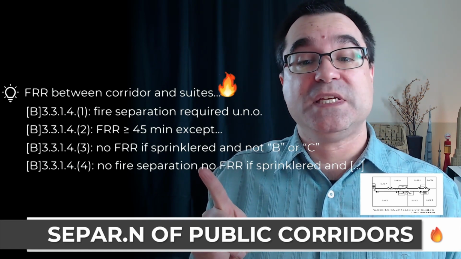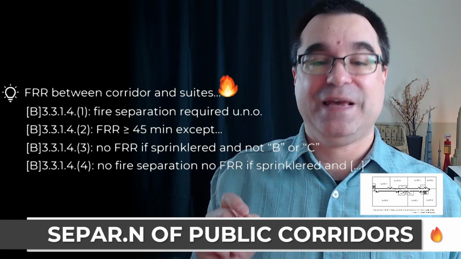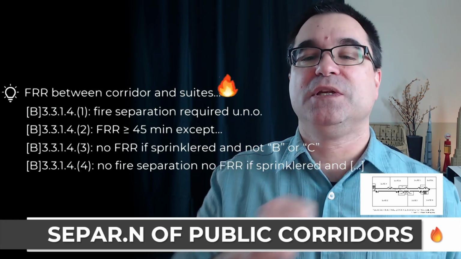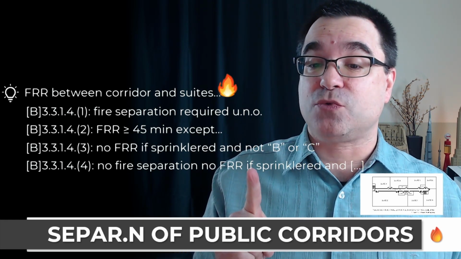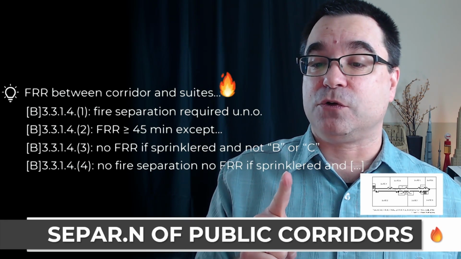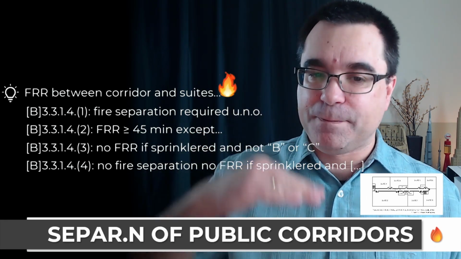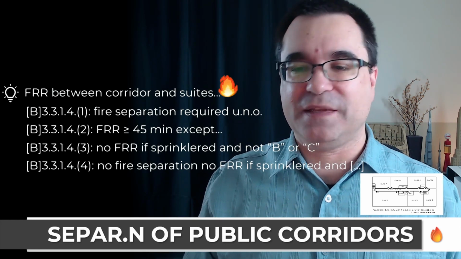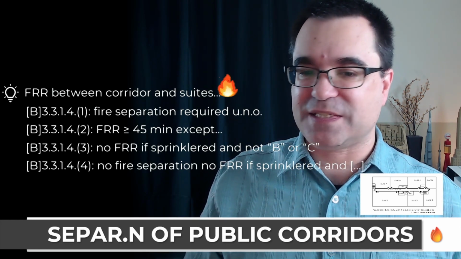Finally, under sentence 4, it says that no fire separation, no fire resistance rating is required if that space is sprinklered, and a number of other requirements are met under those clauses under that sentence.